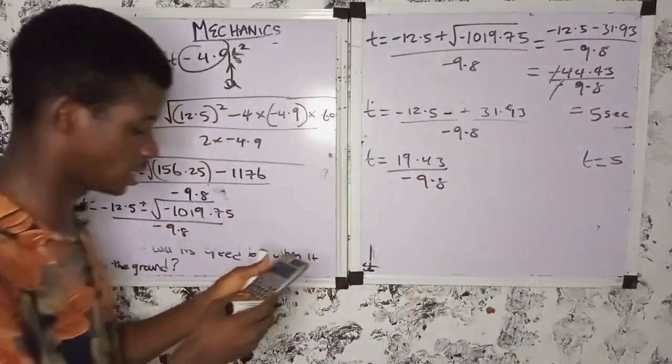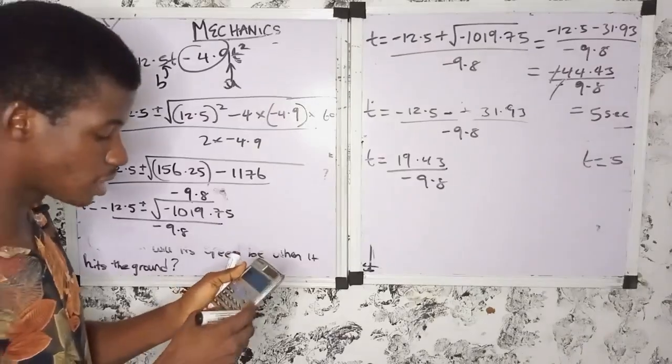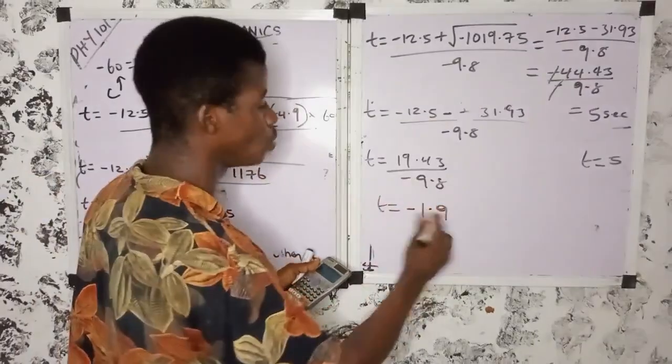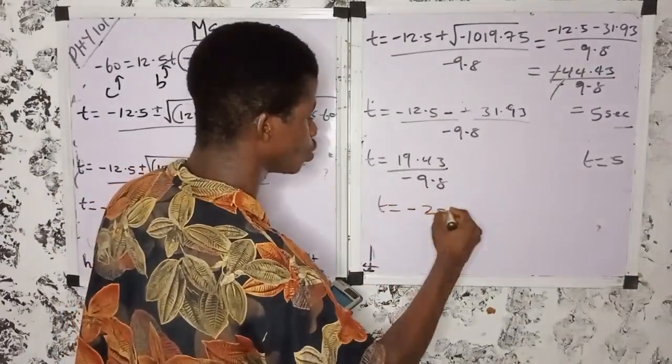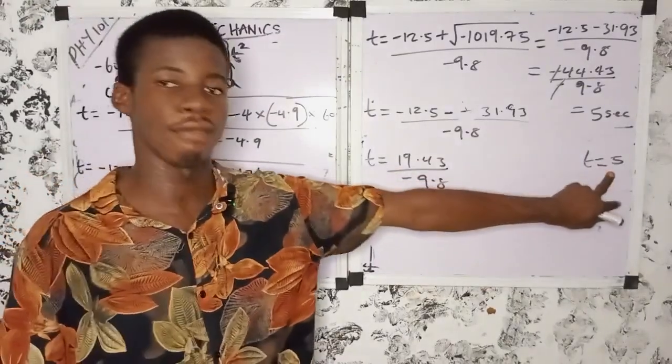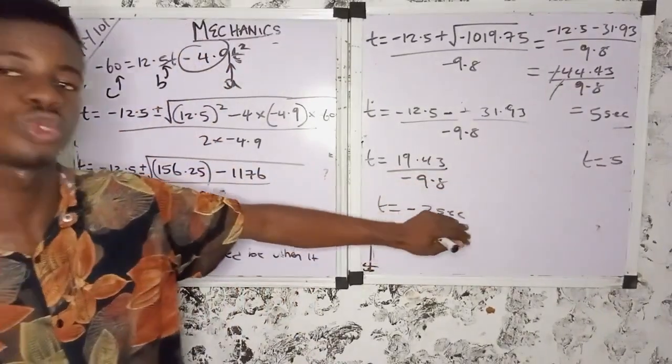If we divide this, t is equal to minus 1.9, which is approximately minus 2 seconds. So our answer is either 5 or minus 2 seconds.